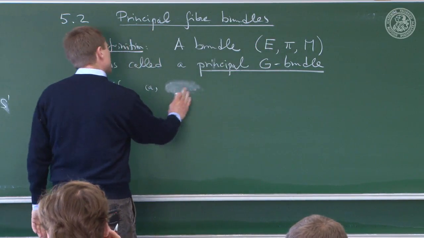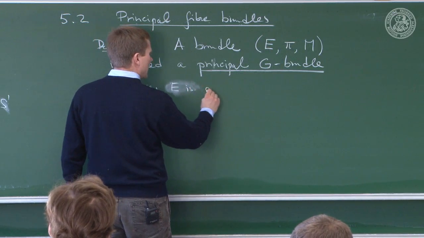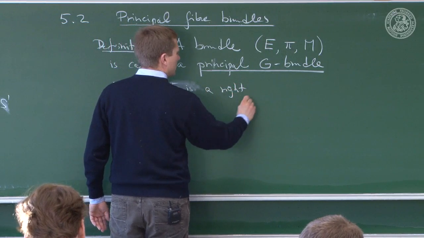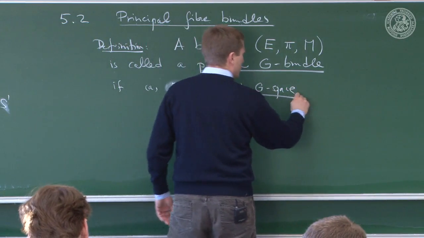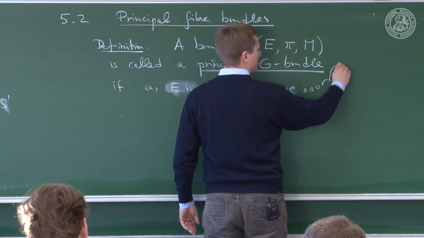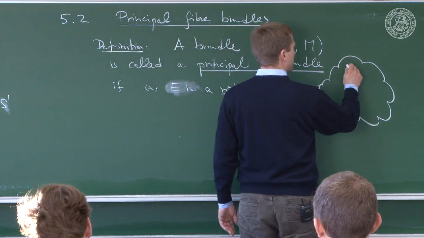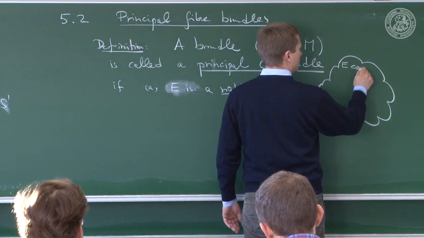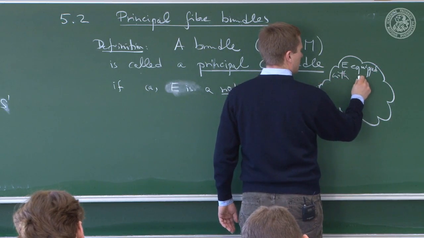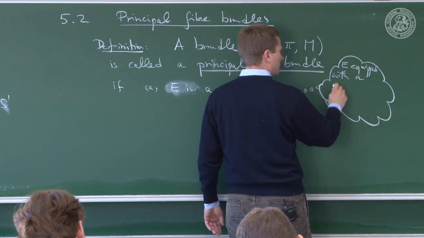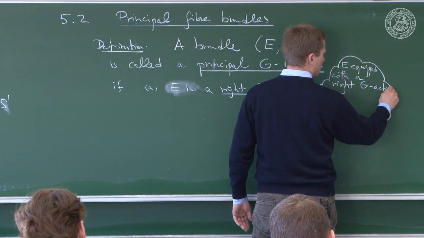Let's introduce the terminology. So if E is a right G space, which is just terminology that in principle one doesn't need, it's just very convenient, that means E is equipped with a right G action.